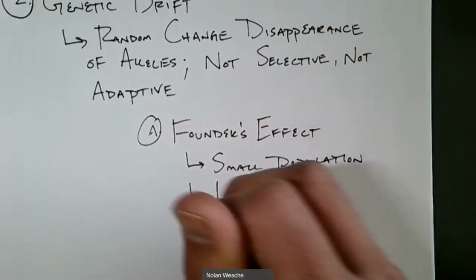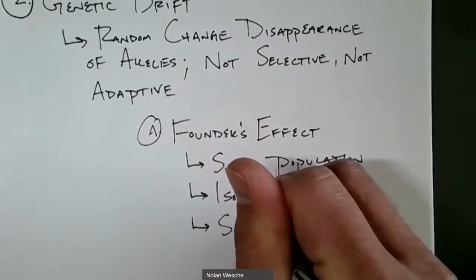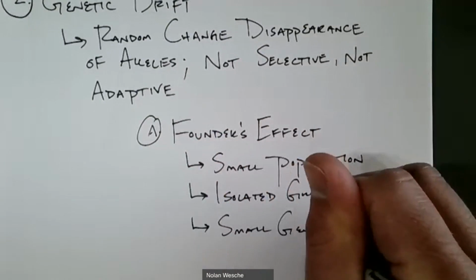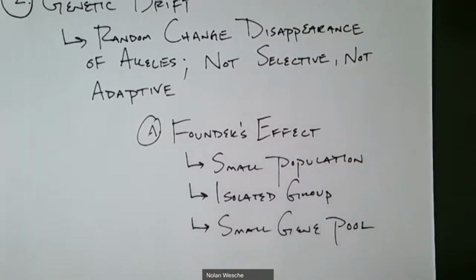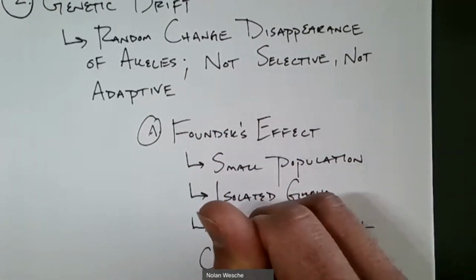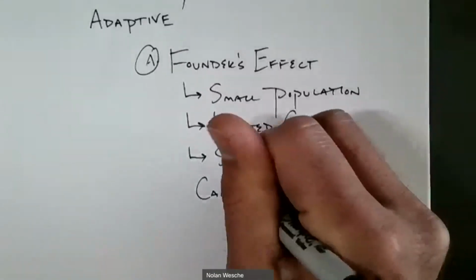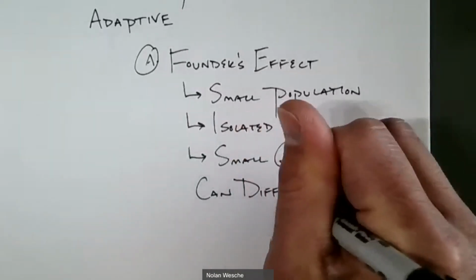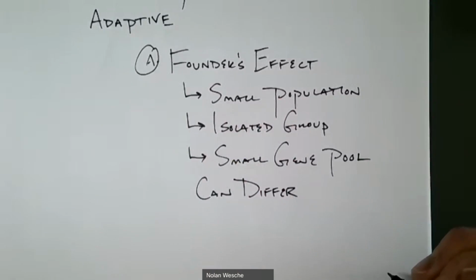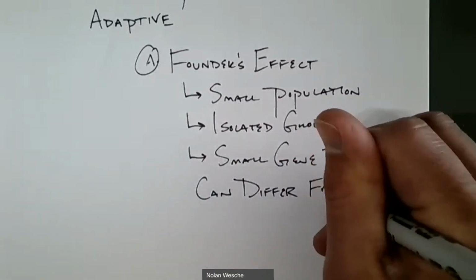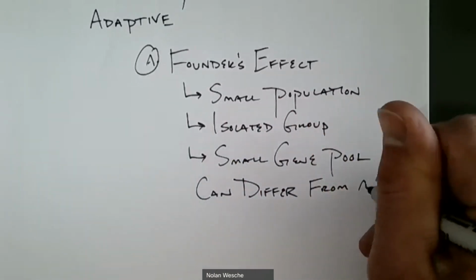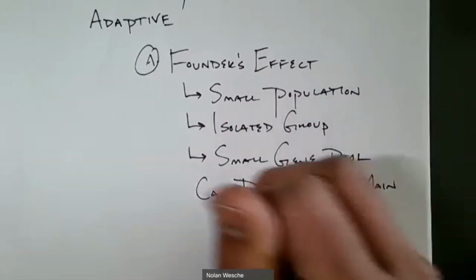And we see this small gene pool can differ from the main population allele frequencies. And that's what genetic drift can look like.